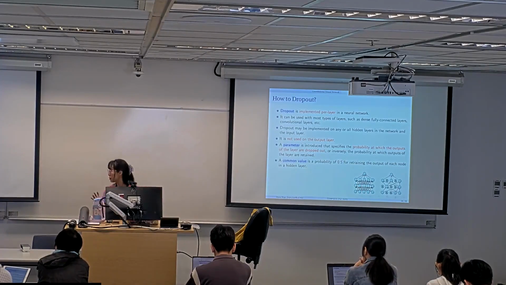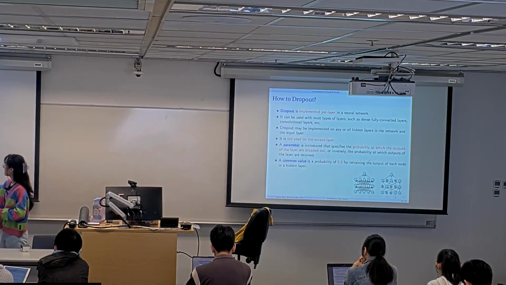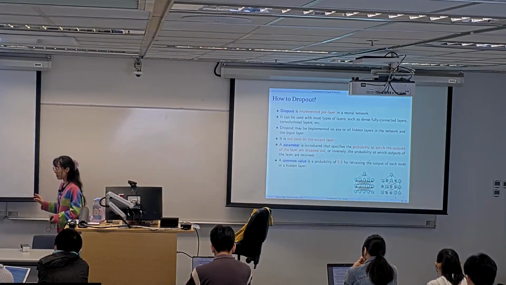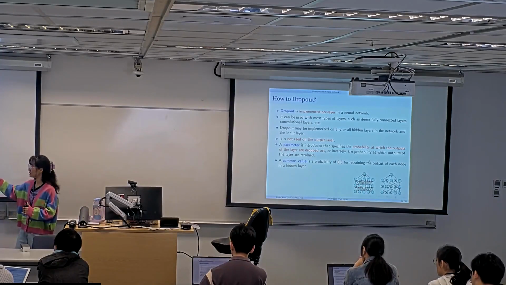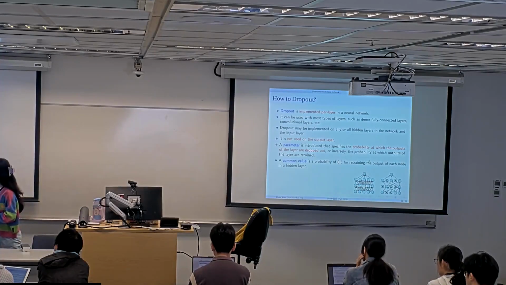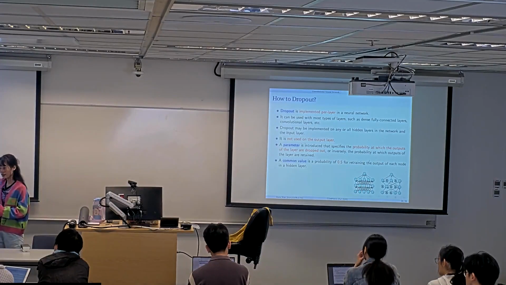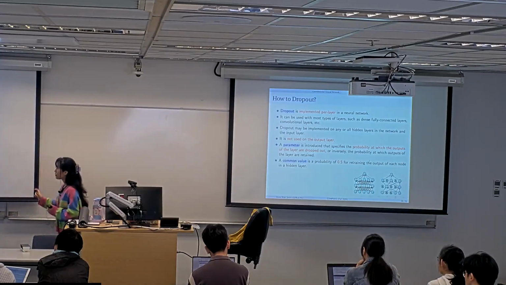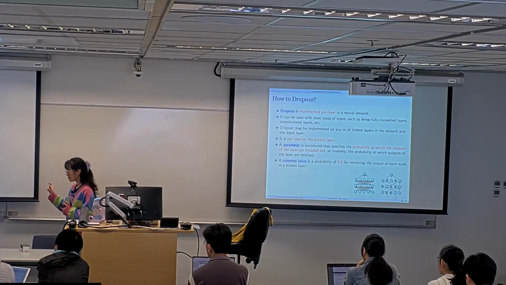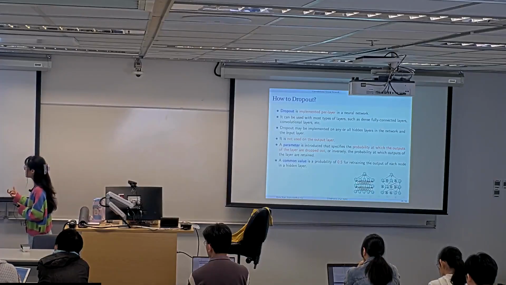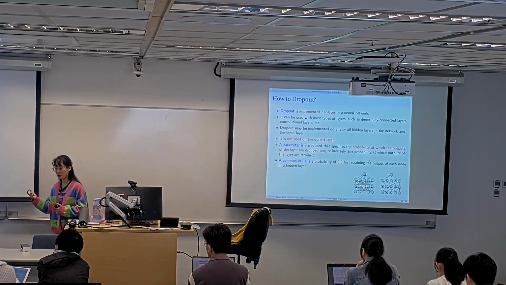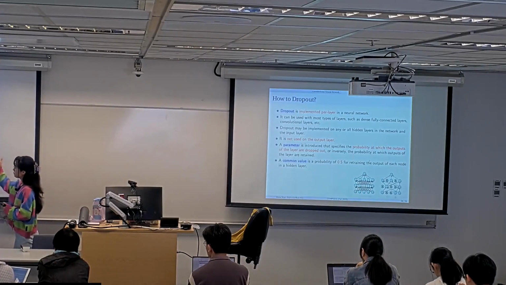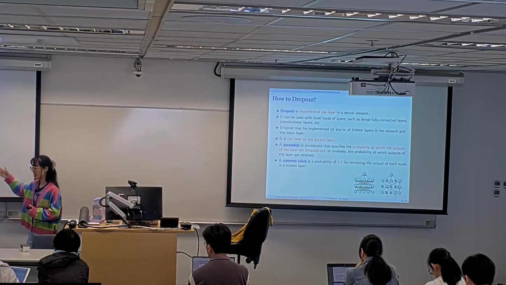So for example, possibly this would be the result of one dropout. Previously we have this fully connected layer, right? Each node is connected with each node in the next layer. After you apply dropout, it will randomly decide whether to ignore some nodes with 50% probability if you set it to 0.5.